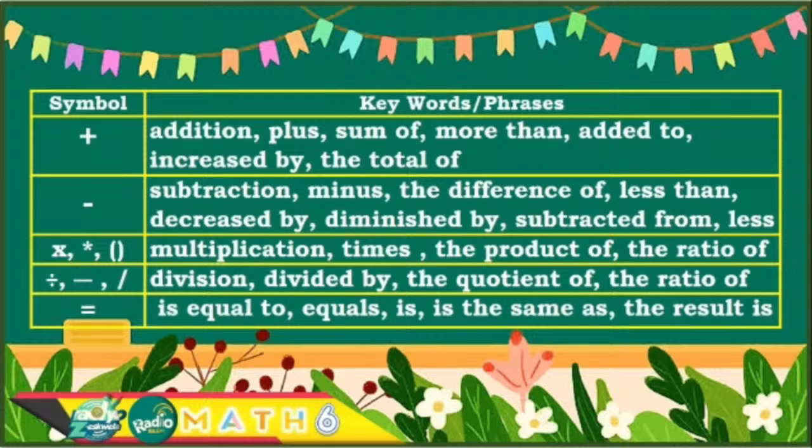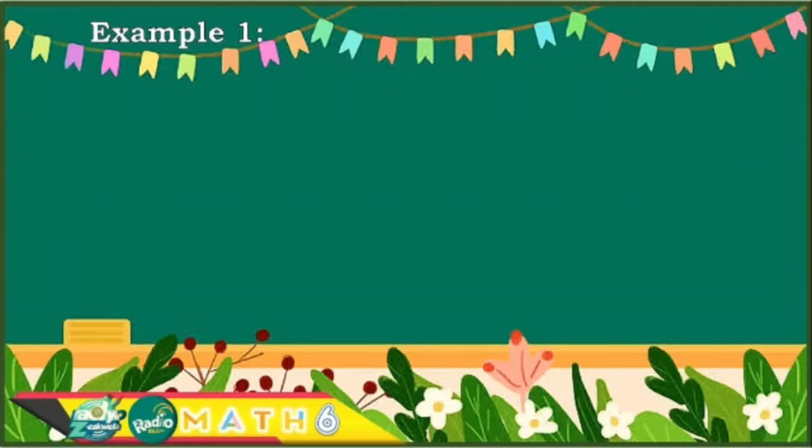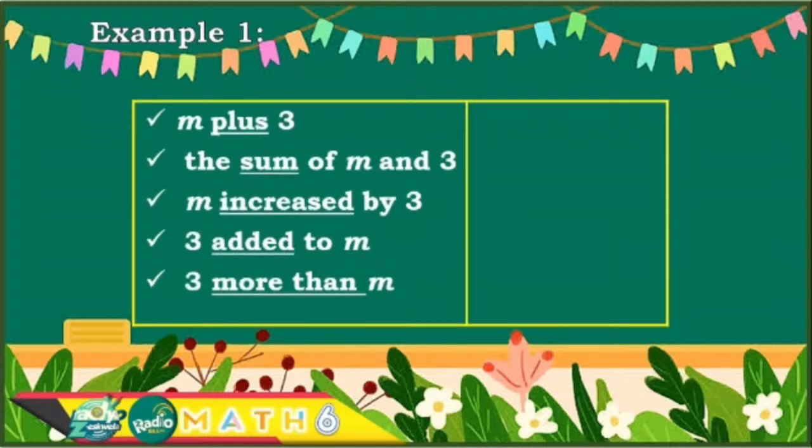In the following examples, study how the different word phrases can be translated or written as algebraic expressions. For our first example, the word phrases m plus 3, the sum of m and 3, m increased by 3, 3 added to m, and 3 more than m can be translated into the algebraic expression m + 3.